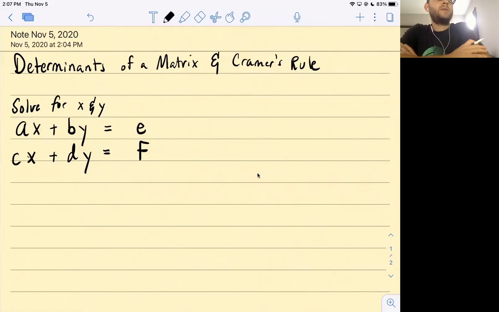So anyone have a good idea how we can set this up? What we can do to this system of equations? You think of a, b, e and c, d, f as fixed numbers. So what's a good step we could take here to solve, let's say, for x first? Any volunteer want to explain what you could do here to get one of the variables?